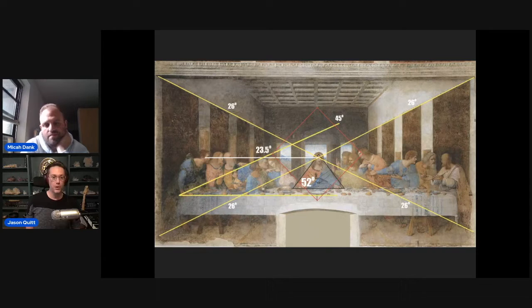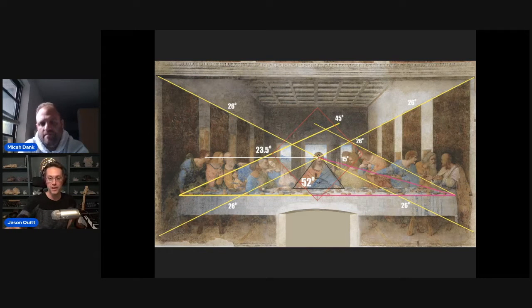From the corner of the table, you see there's a line that slopes up the back of the 4th apostle. This slope is 23.5 degrees. On the right side, we have another apostle leaned over, and he's at 26 degrees.